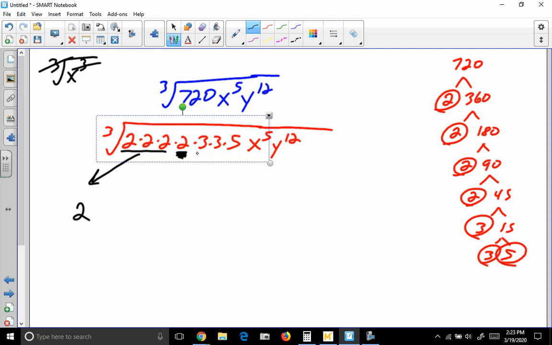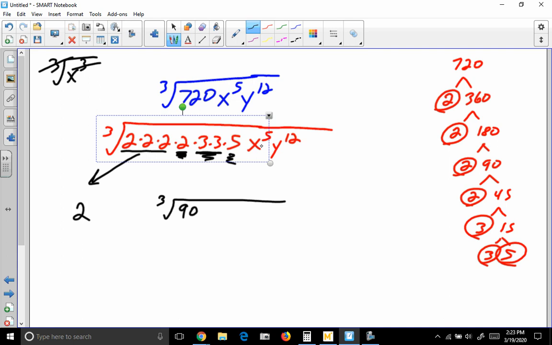And notice we don't have enough 3's. We only have 2 of those, so those stay under. And we only have one 5, so that stays under. So as far as our coefficients, we brought a 2 out, and then we're left with, let's see, 2 times 5 is 10, 3 times 3 is 9, 9 times 10 is 90.